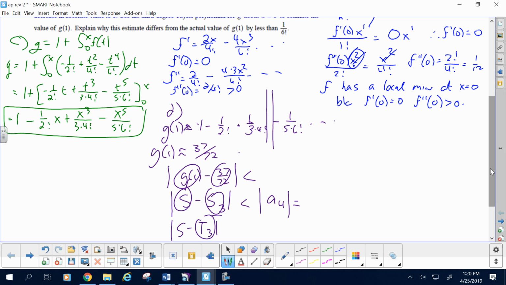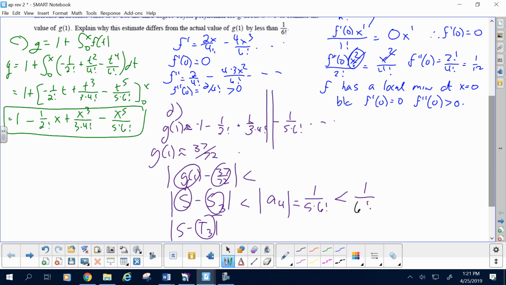Is less than or equal to A4, absolute value, which is 1 over 5 times 6 factorial. I think you'll agree that that's 1/5 of 1 over 6 factorial, so that's definitely less than 1 over 6 factorial. I did not evaluate because I felt like that was obvious to a reasonably intelligent calculus person. I think they could agree that's true.